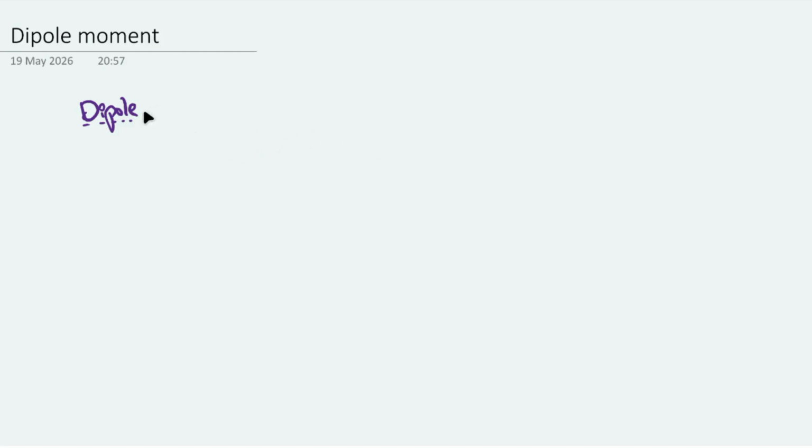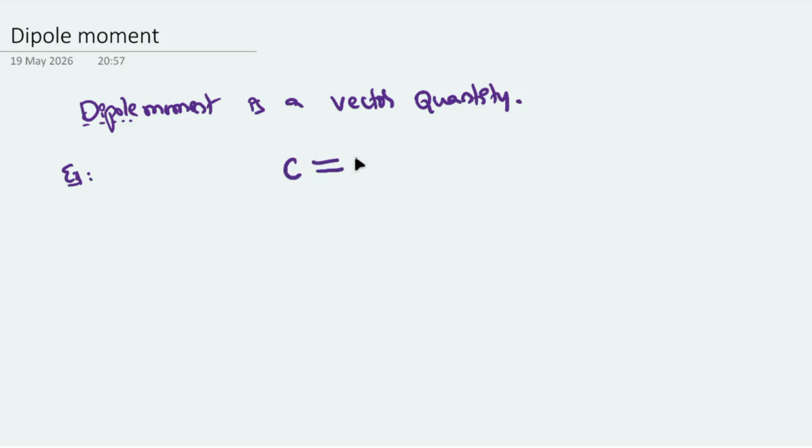So, very excellent point. Dipole moment is a vector quantity. That means it depends on the direction. If you take an example, O double bond C double bond O, and check carbon and oxygen, there is a bond present.